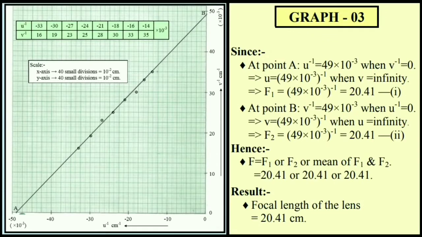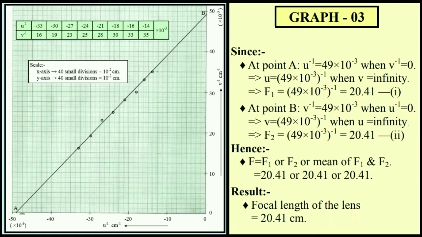Graph number 3. This graph is plotted between 1 by u and 1 by v, where 1 by u is in x-axis and 1 by v is in y-axis.